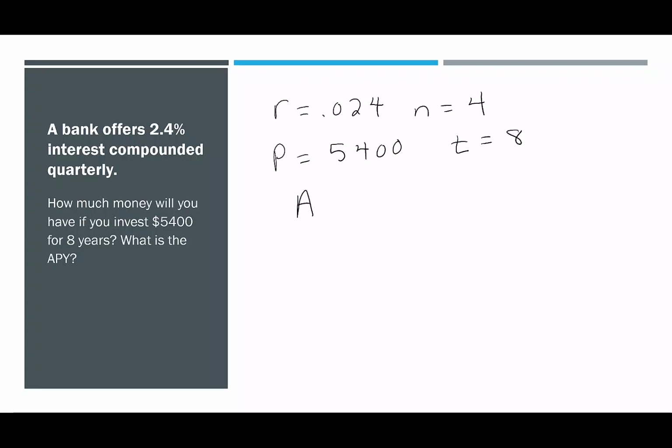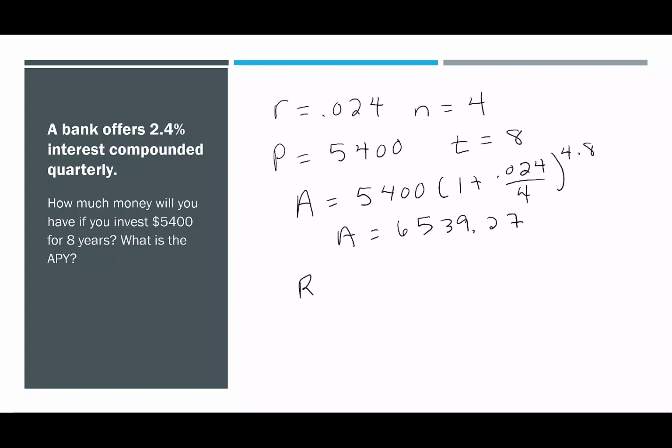To find our future value, we take $5,400 times 1 plus 0.024 over 4 to the 4 times 8. This gives us a future value of $6,539.27.